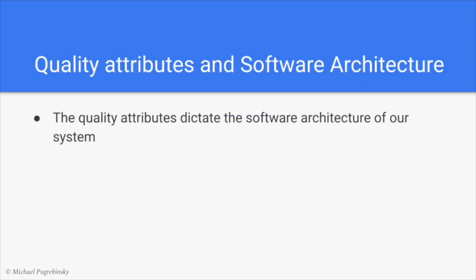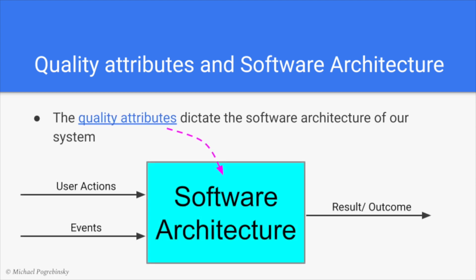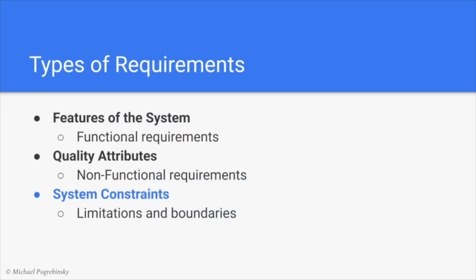In contrast to the functional requirements, the quality attributes do dictate the software architecture of our system. Another way to look at this is the software architecture defines the system quality attributes, and different architectures provide us with different quality attributes.